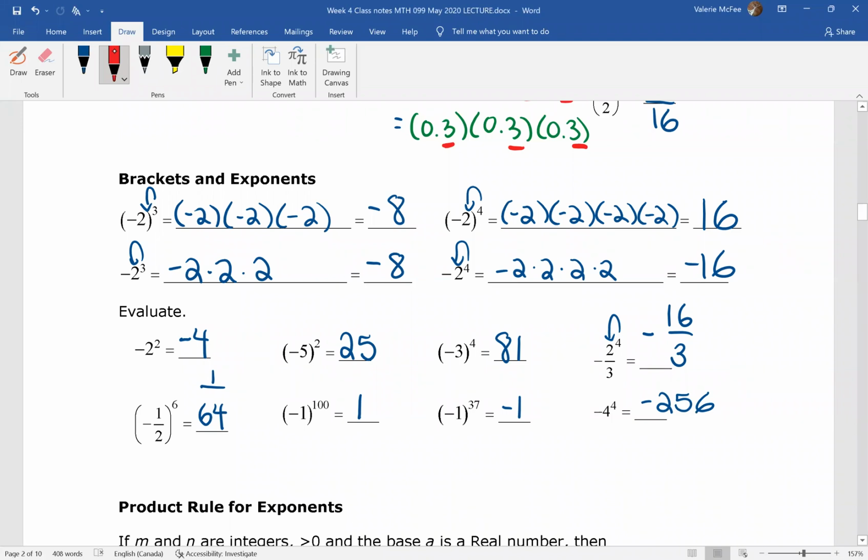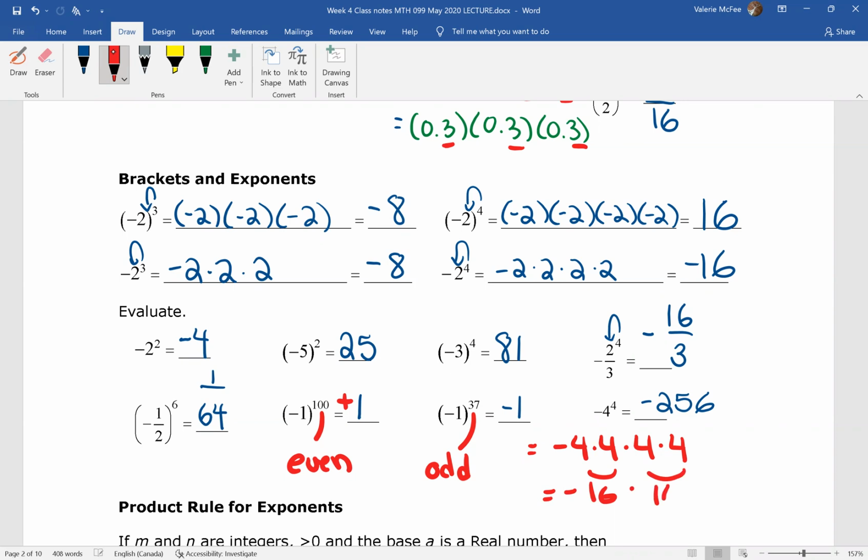I hope you were able to answer these correctly. Let's just talk about a couple of things here. We have an even exponent, so we know the answer will be positive. We have an odd exponent, so we know the answer will be negative. And in the last one, when you were multiplying -4 times 4 times 4 times 4, it might be easier to multiply 16 times 16.